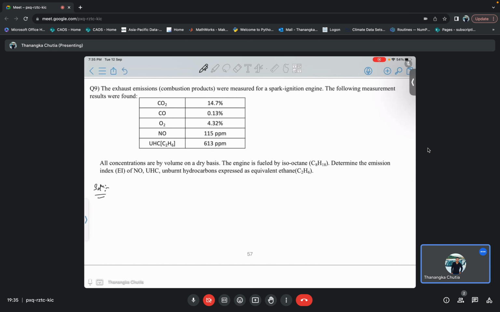Okay, so emission index of NO, that will be equal to composition of NO divided by composition of carbon monoxide plus composition of CO2 into X into molecular mass of NO divided by molecular mass of C8H18.